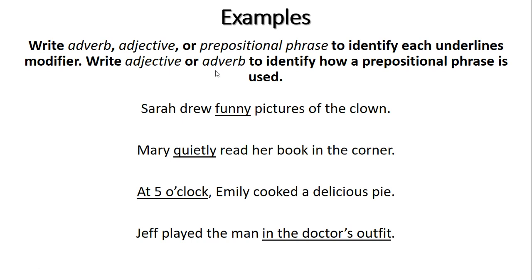Now, let me give you a little hint here. If you notice that only one word is underlined, that probably means it's either an adverb or an adjective. If you see more than one word underlined, like "at 5 o'clock in the doctor's office," that is a huge indicator that it's a prepositional phrase, and now you have to identify it as an adjective or an adverb.